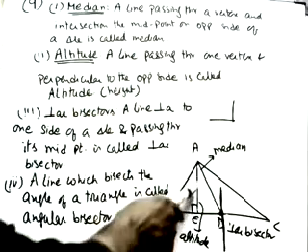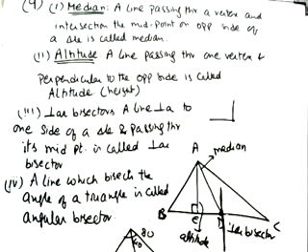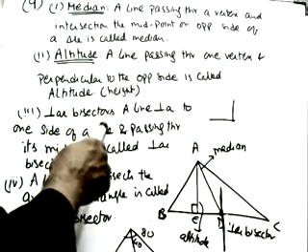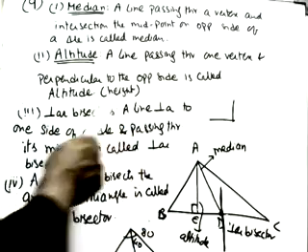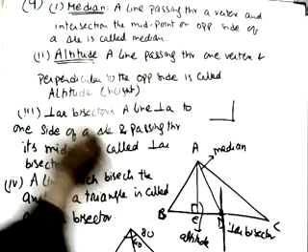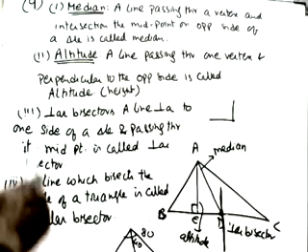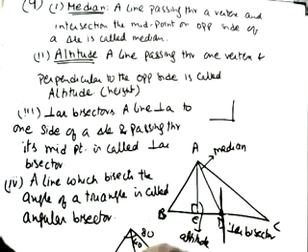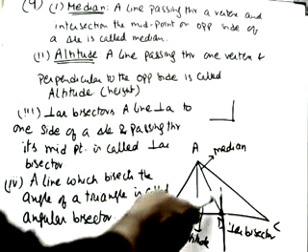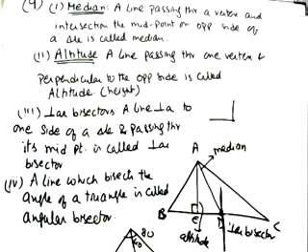A line passing through one of the vertices and perpendicular to the opposite side is called an altitude. Now what is a perpendicular bisector? Perpendicular means angle 90 degrees. Bisect means passing through the midpoint, dividing into two equal parts. So the line perpendicular to one of the sides and passing through its midpoint is called the perpendicular bisector.